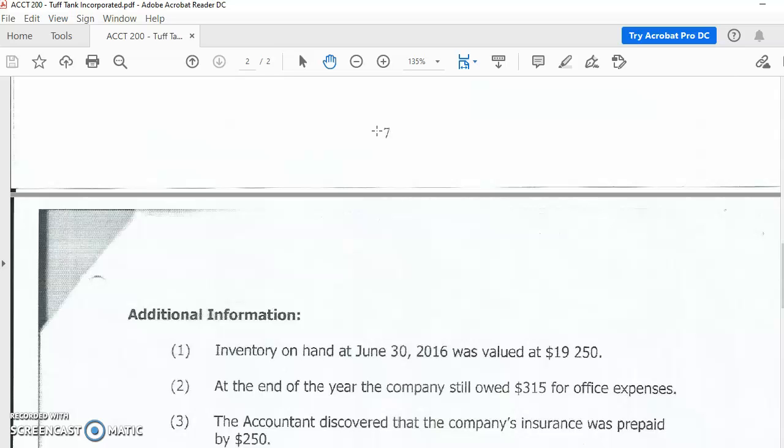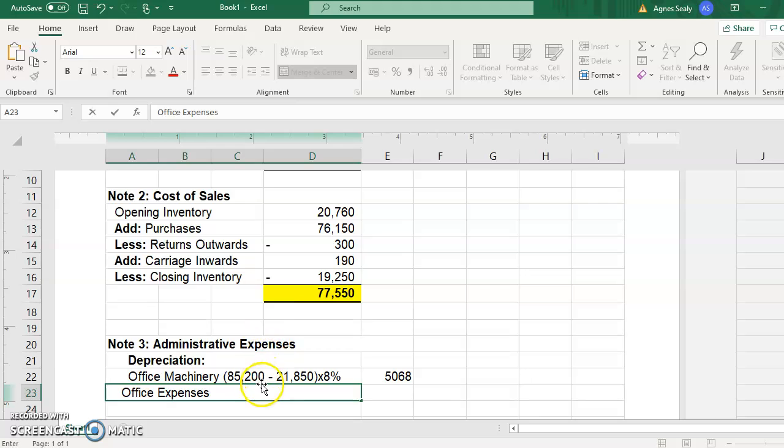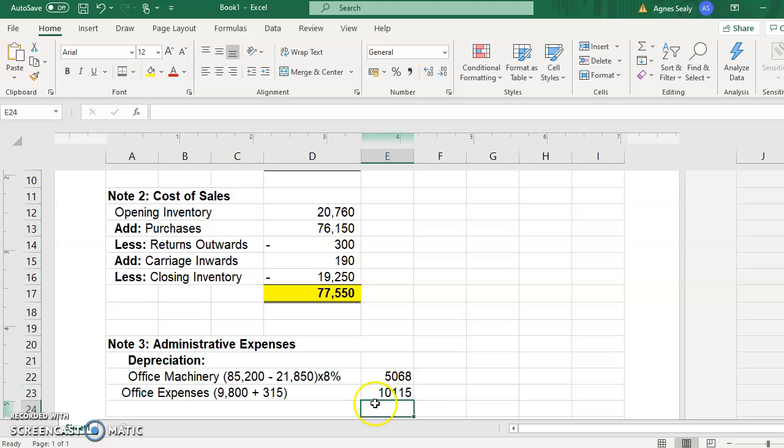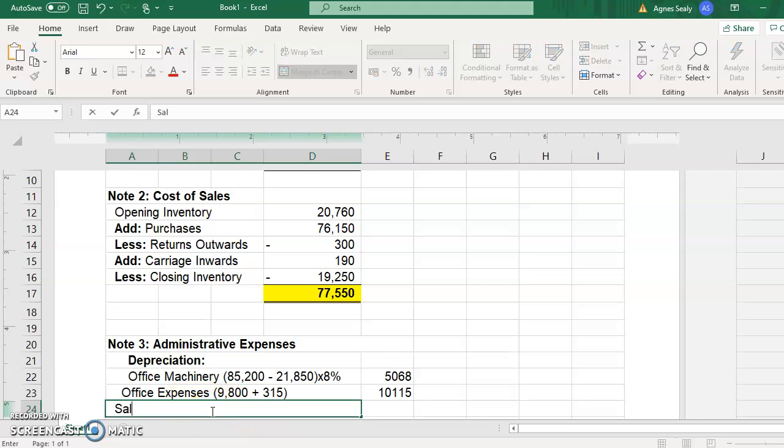So it must be accounted for in this accounting period because these office expenses were incurred to help them generate that sales revenue. So our office expenses, $9,800 plus the $315. So that's total office expenses, $10,015.